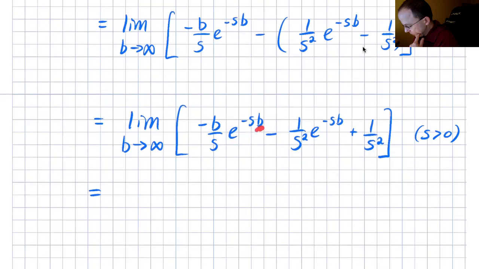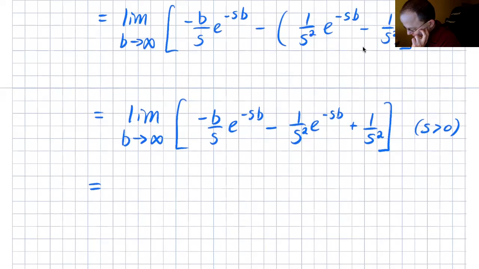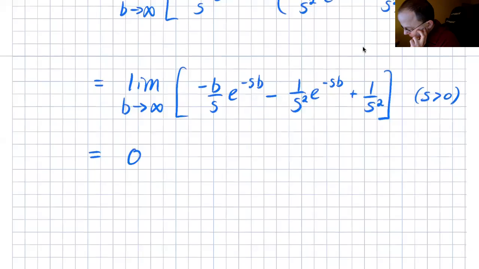So as b gets larger and larger, this will become very, very small, and it'll go to 0. And this will also go to 0 as well. So both of those go to 0. So we're left with 0 minus 0 plus 1 over s squared. And so we get 1 over s squared.